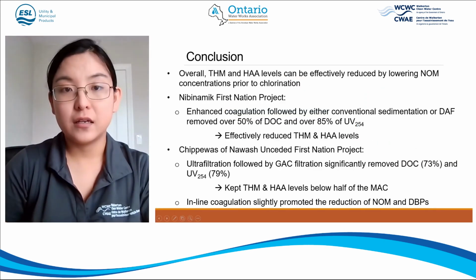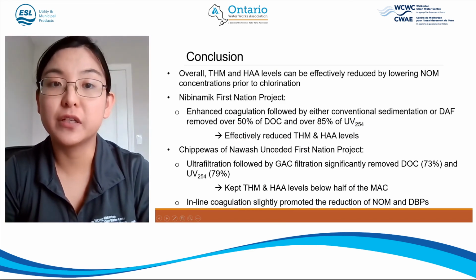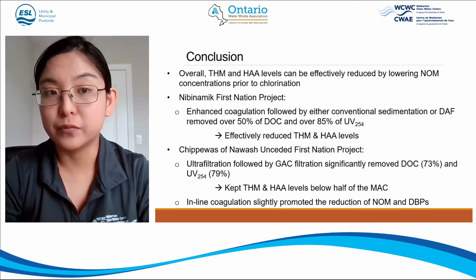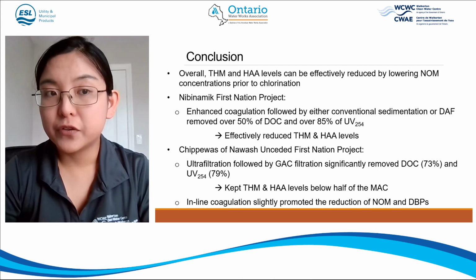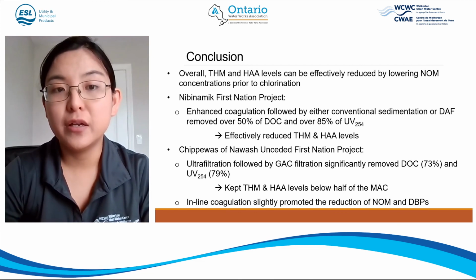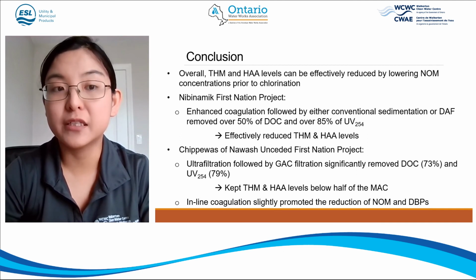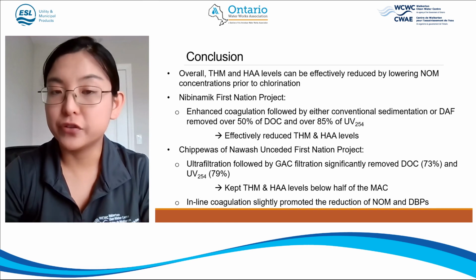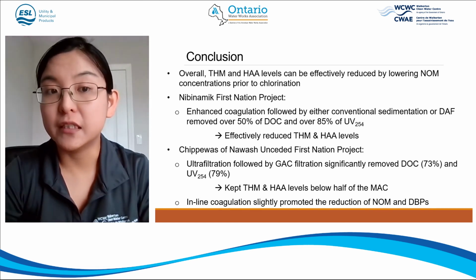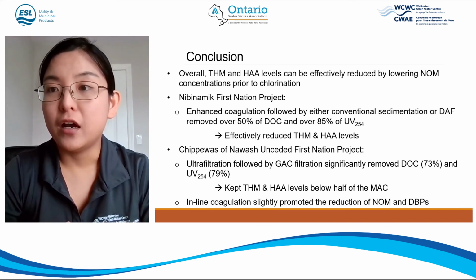So, some conclusions. Overall, THM and HAA levels can be effectively reduced by lowering natural organic matter concentration prior to chlorination. For the first First Nation project, enhanced coagulation followed by conventional sedimentation or DAF removed over 50% of DOC, so they effectively reduced THM and HAA levels.